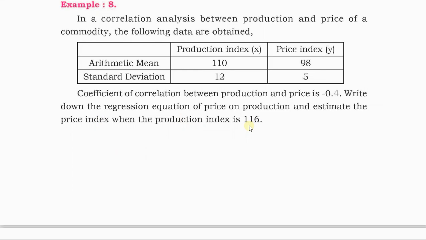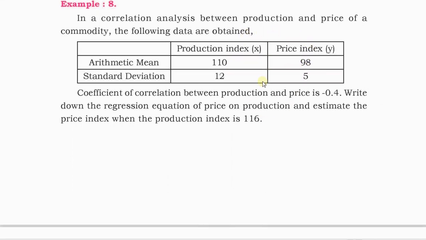Basically, they have given you the data here and they have asked you to find the equation of y on x. Price here is y and production is x. They have asked you to find the equation of price on production and to estimate the price when the production is 116.